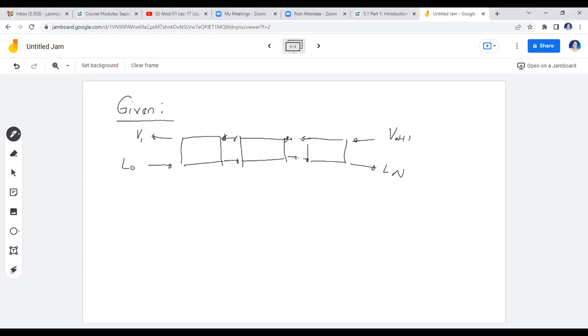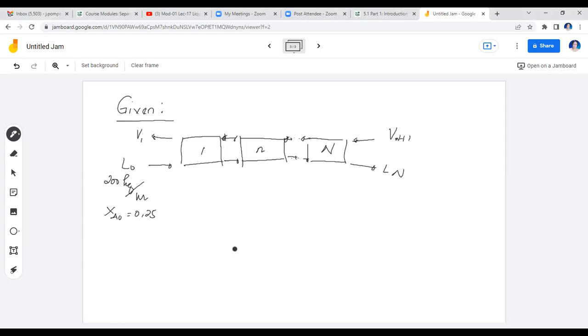This is stage 1, and this is stage N, the last stage in our multi-stage extraction equipment. You have 200 kilograms per hour containing 25 weight percent acetic acid, so this is 0.25.